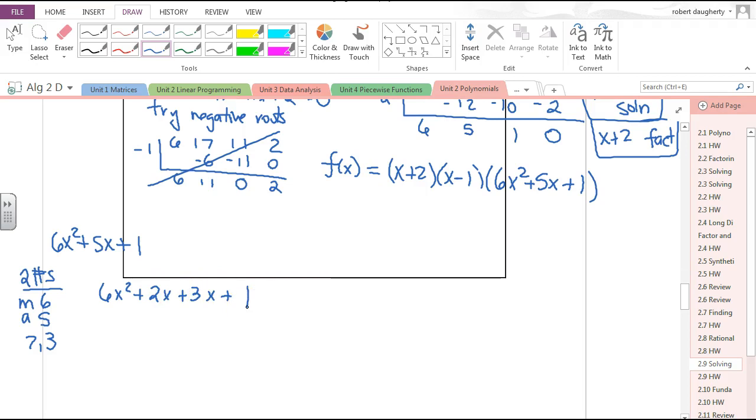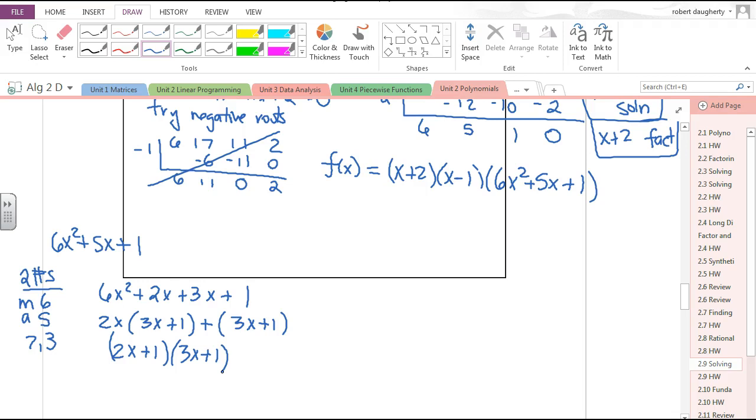Our old friend, factor by which method now? Grouping. What do I factor out of the first two terms? 2x, and I get 3x plus 1 plus 3x plus 1. This then factors as 2x plus 1 times 3x plus 1.